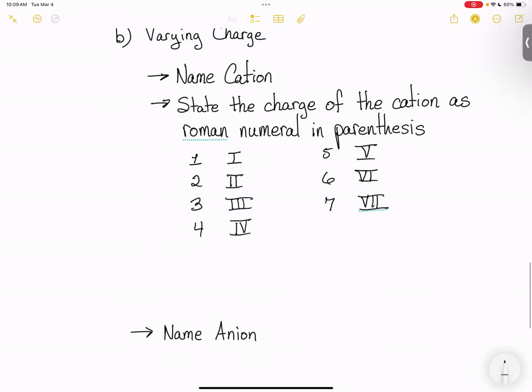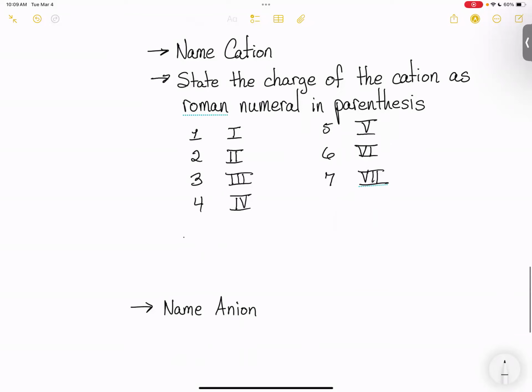Now, in that event, how do you determine the Roman numeral?